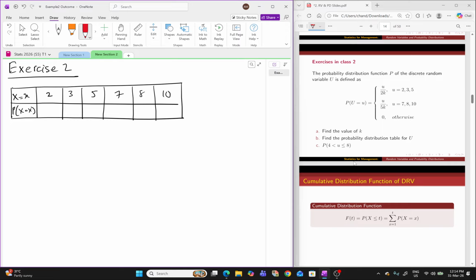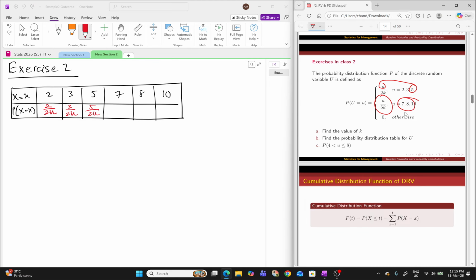Untuk for 2, 3 and 5 you will use this function. Letak 2 dalam, you akan dapat, biasanya 2 over 2k you can cancel of course macam ni, tapi for the time being just leave it like this lah, tak perlu cancel sebab kita nak cari k nanti kan, senang. Lepas tu 3 masuk dalam 3 over 2k, 5 over 2k.